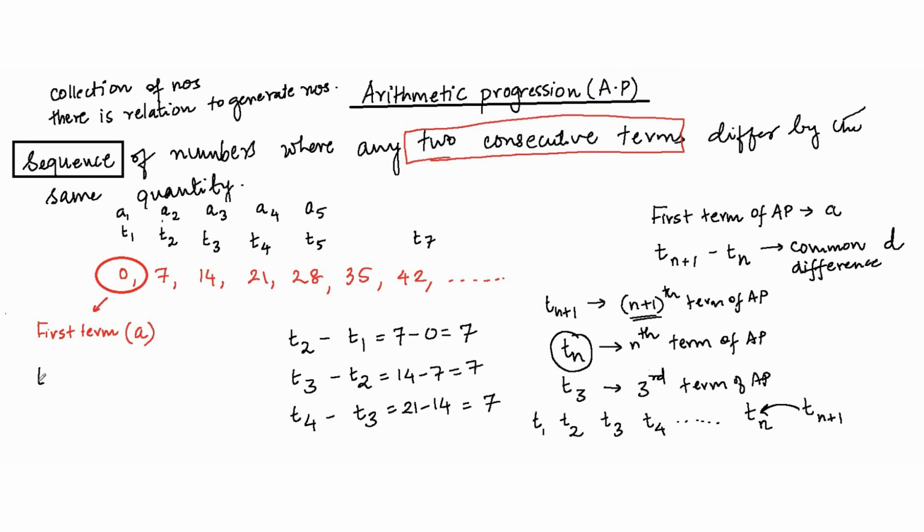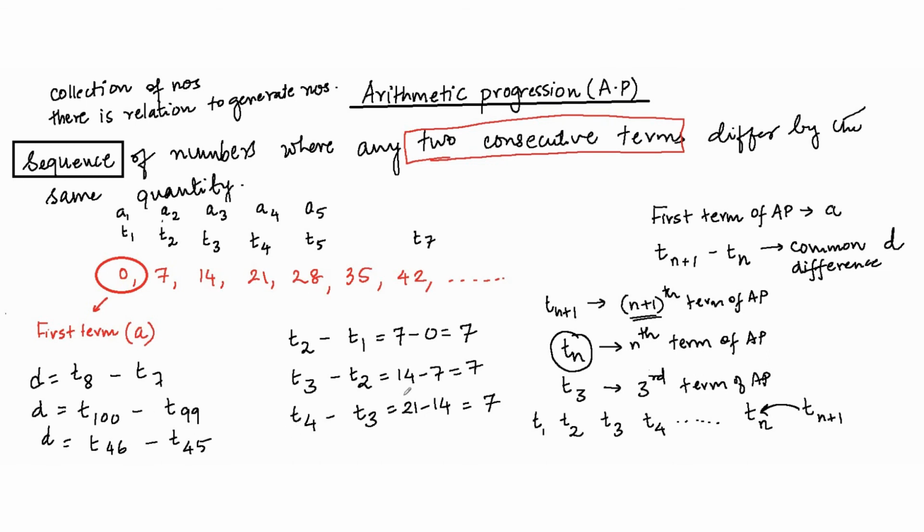So for example, D can be calculated as T8 minus T7, the next term minus the current term. Or D can also be calculated as the 100th term minus the 99th term. Or it can also be calculated as the 46th term minus the 45th term. This is how you can calculate D in any given question, right?